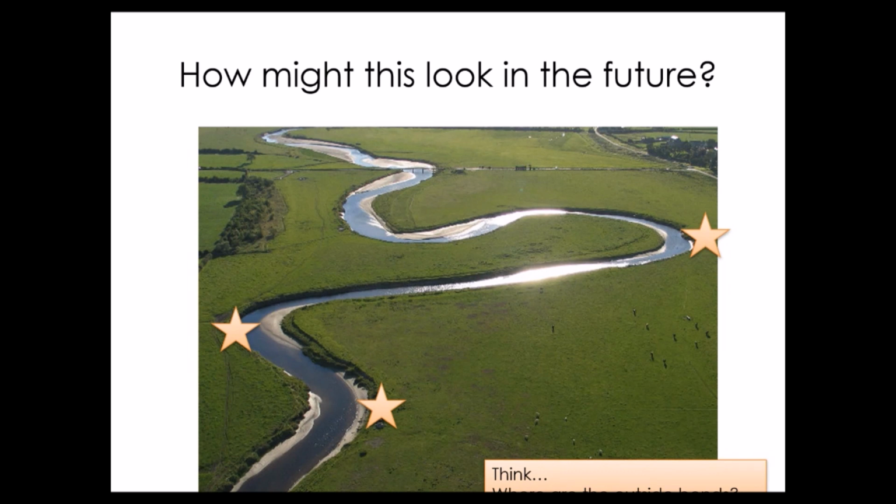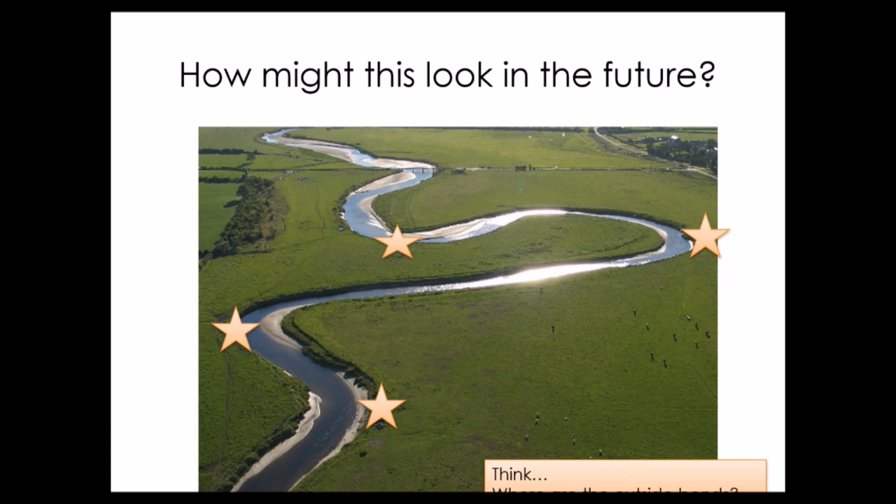The one I'm interested in terms of this picture, though, is this one. So if you have a little look, this outside bend here is quite close to a section of the river that's quite straight, which is closer to the bottom of this picture here. So what's going to happen is this area highlighted by this star is going to erode, and erode and erode until eventually it's going to get very close to this bank here.